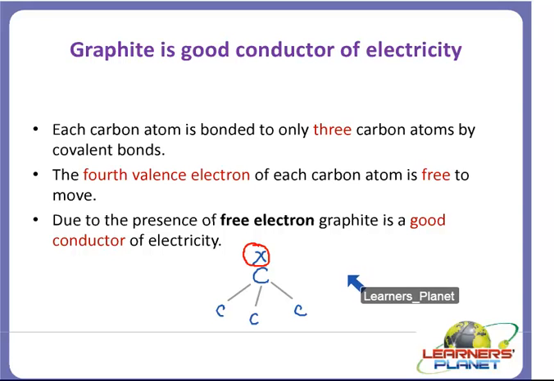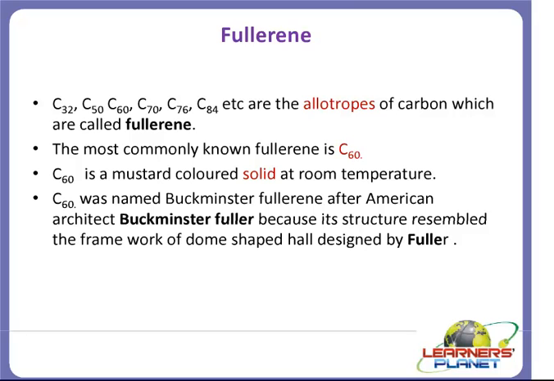Okay, so this is one of the important allotropes of carbon. Now let's take up its another allotrope, that is fullerene. What is this fullerene? C32, that is 32 carbon atoms bonded together. C50 is again 50 carbon atoms. C60, C70, C76, C84. These are all what?